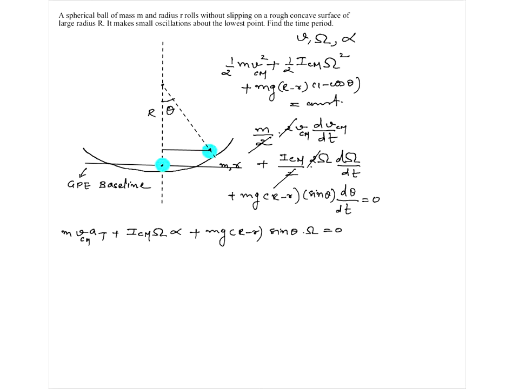We have not yet proved that it is angular SHM. You can say it is moving in circular paths. Are others moving in circular paths? Not strictly speaking.